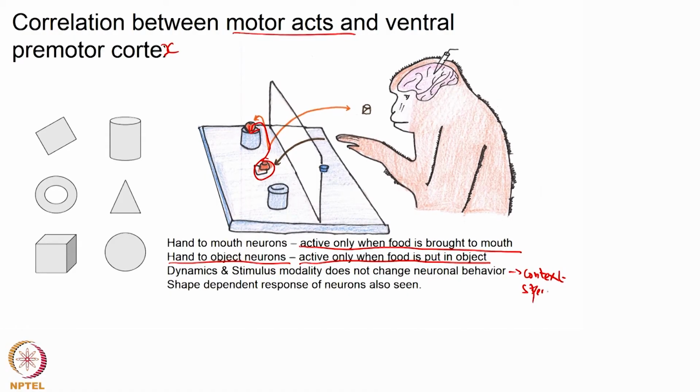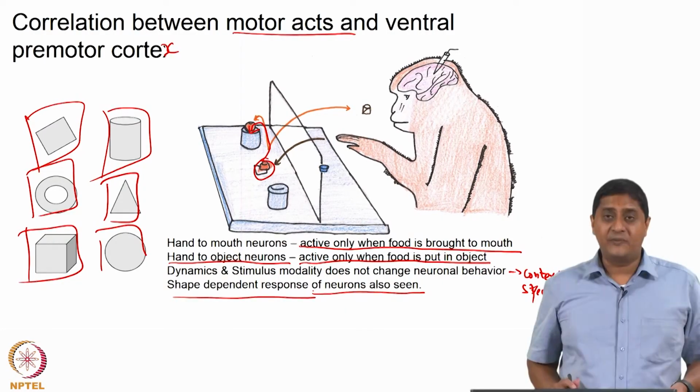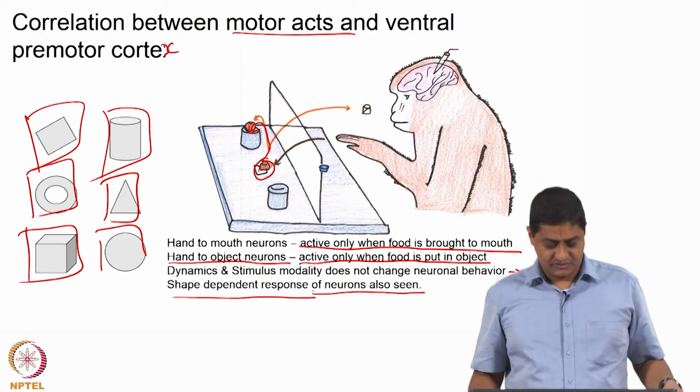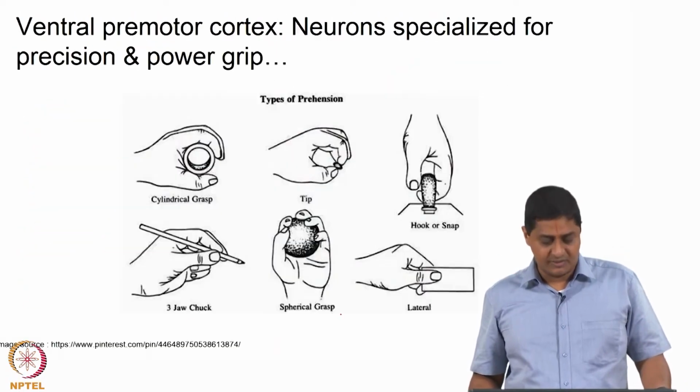Also note that you can have different 3D objects, different shapes, for example. It has been shown that different sets of neurons are responsive depending on which particular shape is being shown to them. So, shape dependent response of specific groups of neurons has also been demonstrated.